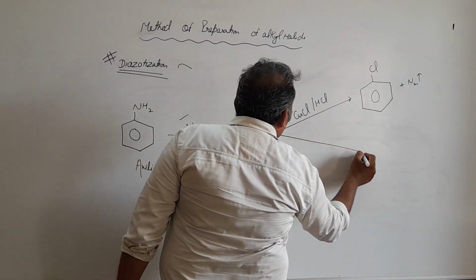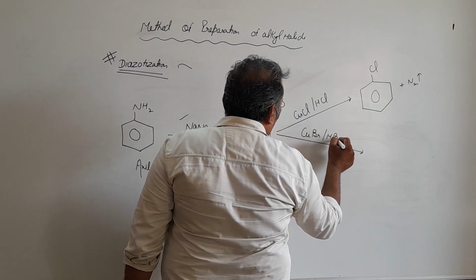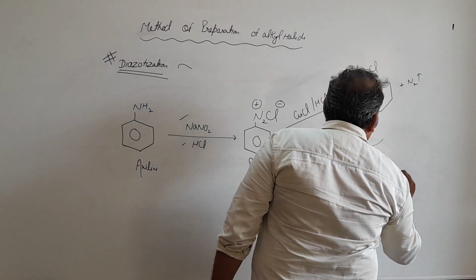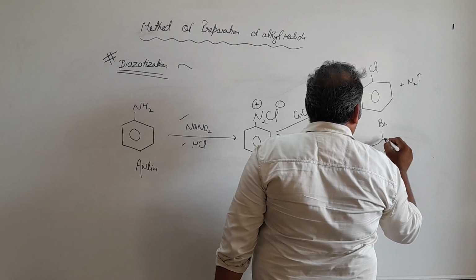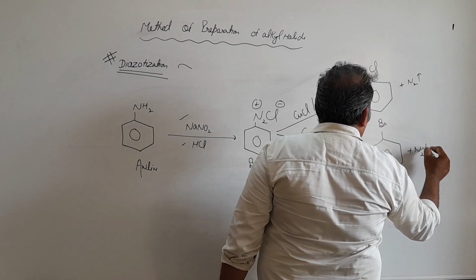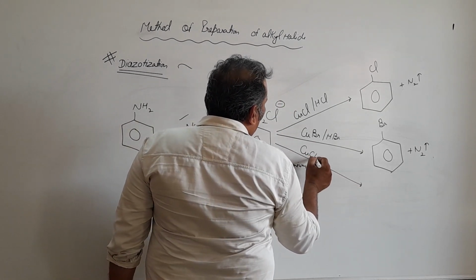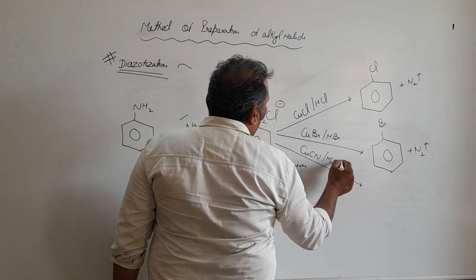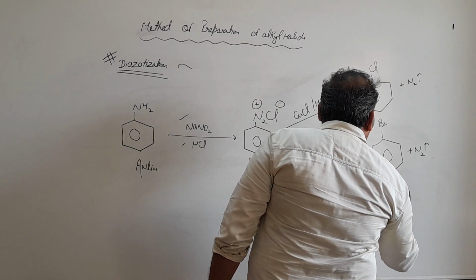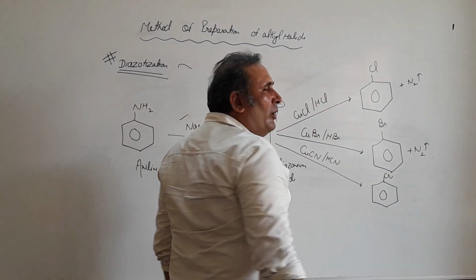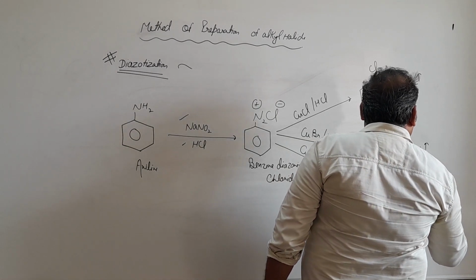If we react it with CuBr and HBr, it will produce bromobenzene. If we react it with CuCN and HCN, it will produce benzonitrile. Benzonitrile is a very important compound.